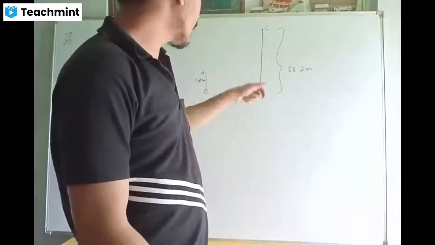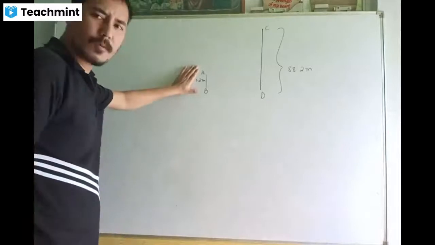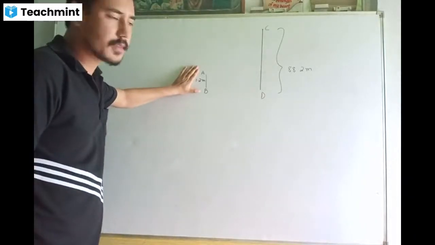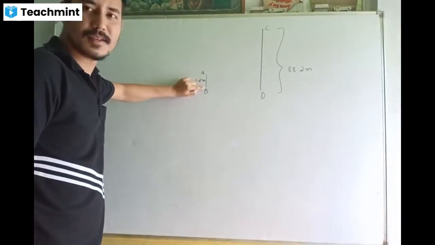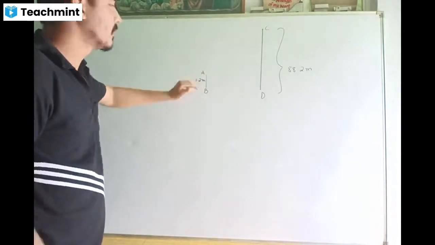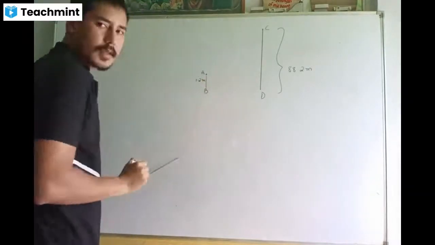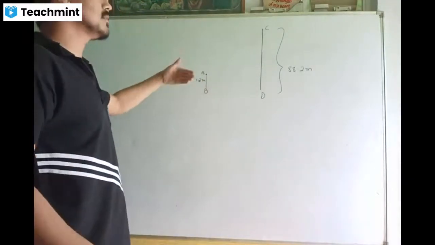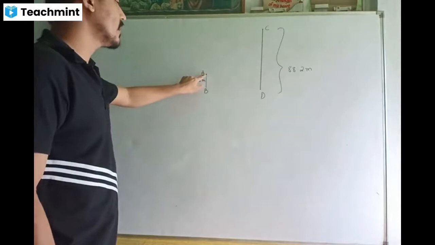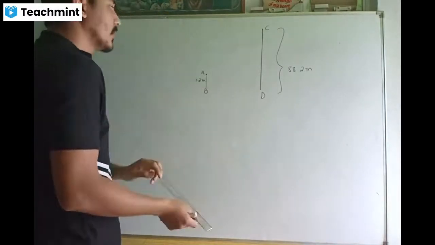Now she's looking up at the balloon. Now see, where is the eye of the girl? At A or at B? The eye of the observer is at A, right? A is the height of the girl. So A is the point where her eye is located.